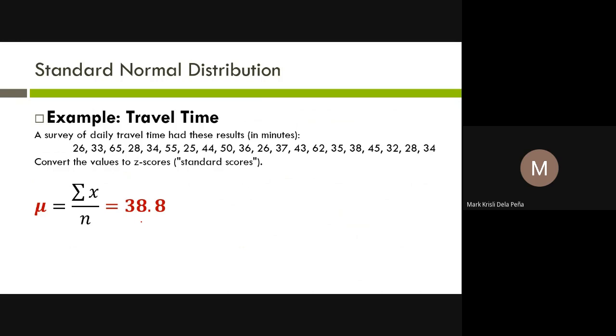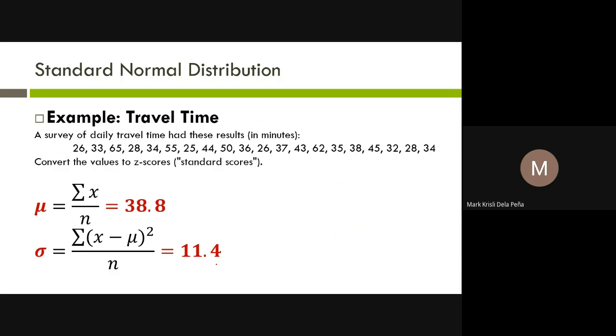I have already calculated it using the formula, the square root of the summation of the squared differences of x and mu, all over n, and that is 11.4. So we now have 38.8 as our mu and 11.4 as our sigma.